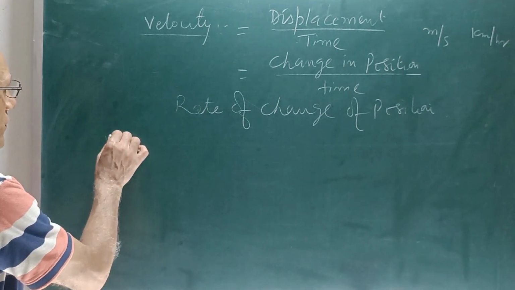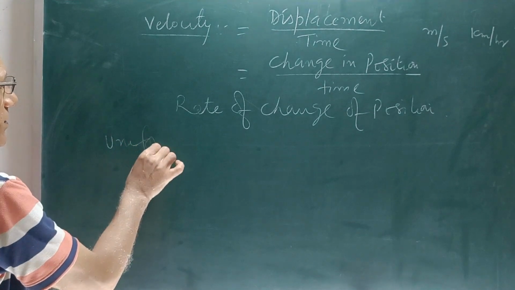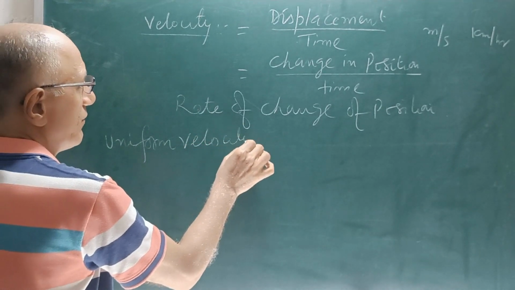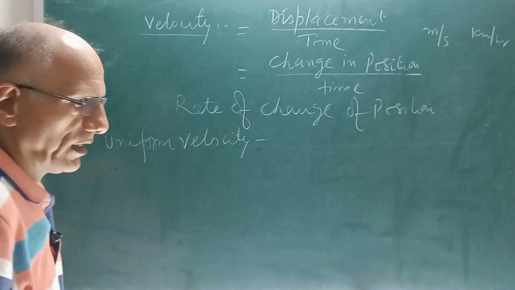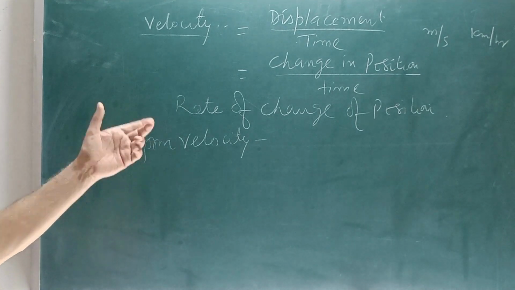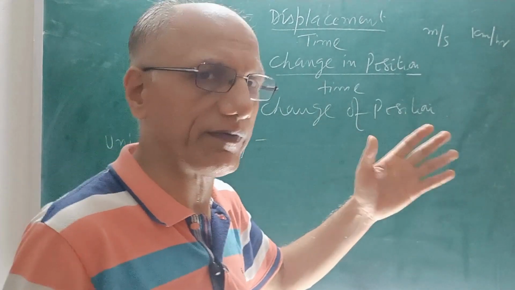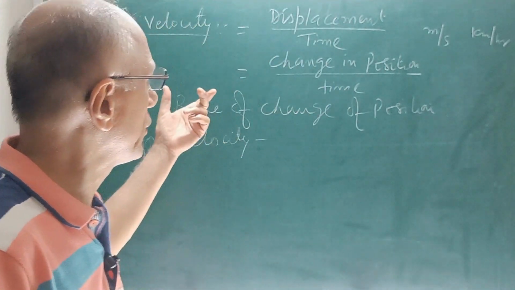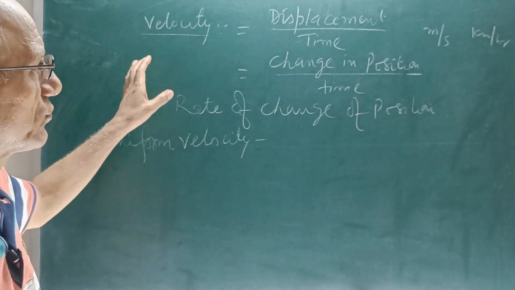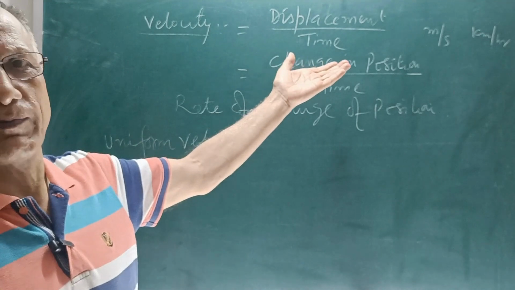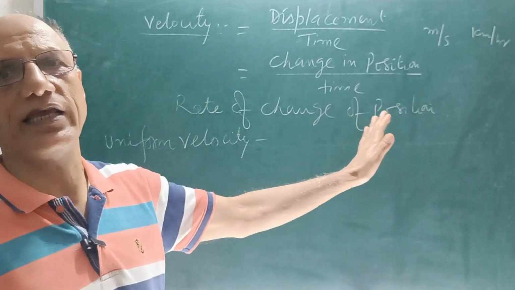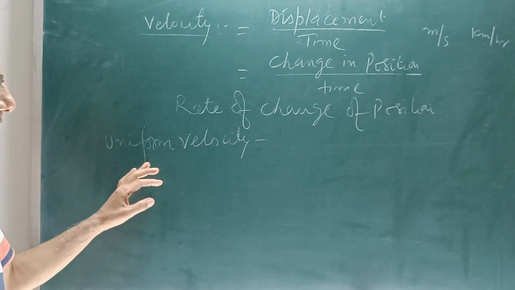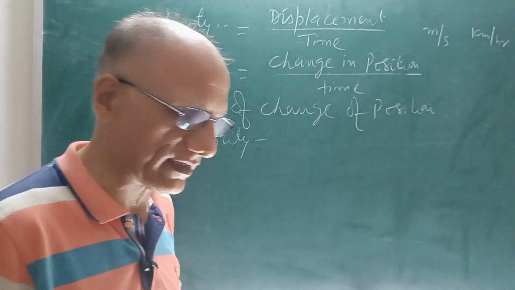Now, uniform velocity. Again the word uniform, you can define in a similar fashion as you defined in the case of speed. There was equal distance, so here it should be equal displacement. Rest of the things will be the same. So how do you define it? You can try and write in your copy and then check it.